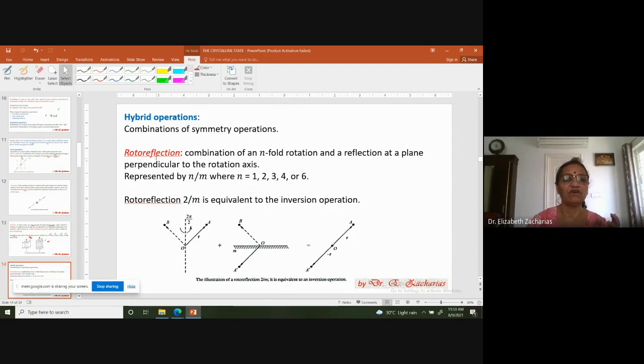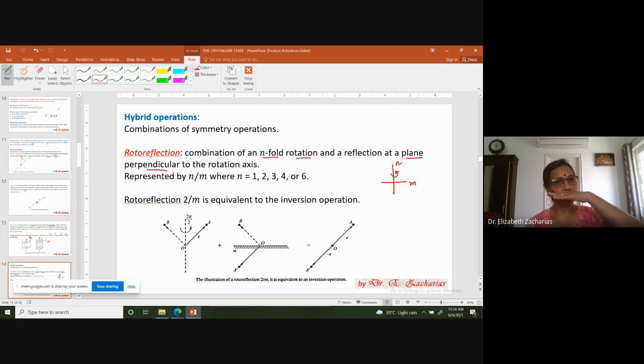The first thing we are going to see is rotoreflection. Rotoreflection, as the name itself says, involves a rotation, let us say some n-fold rotation, and a reflection at a plane perpendicular to the axis. If this is my axis of rotation, then the plane has to be this.